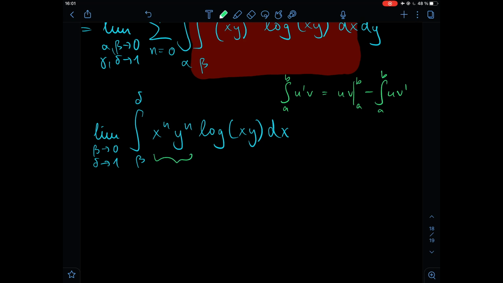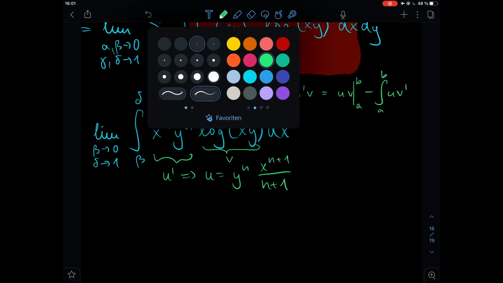And similarly, we will say x to the power of n, and times y to the power of n, this is our u prime. This means that u is y to the power of n times x to the power of n plus 1 divided by n plus 1. And our log of xy, this is just our v.